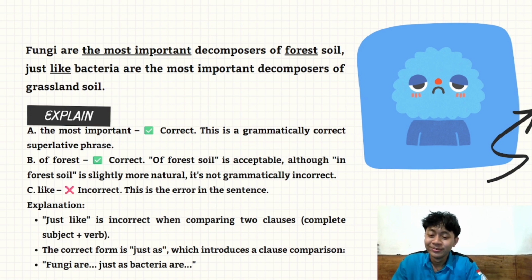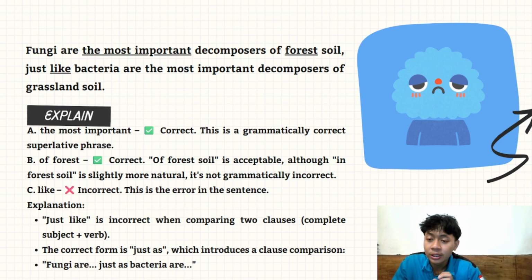The explanation is that just like is incorrect when comparing two clauses with a complete subject plus verb. The correct form is just as. So the word like is changed with the word as, which introduces a close comparison.